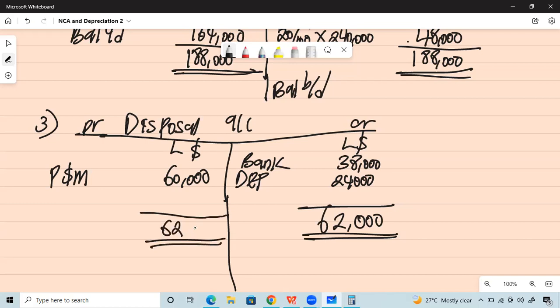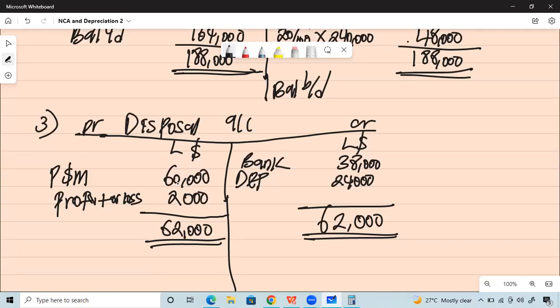And if the credit side is greater than the debit, that means that we have profit, or loss, which is 2,000.